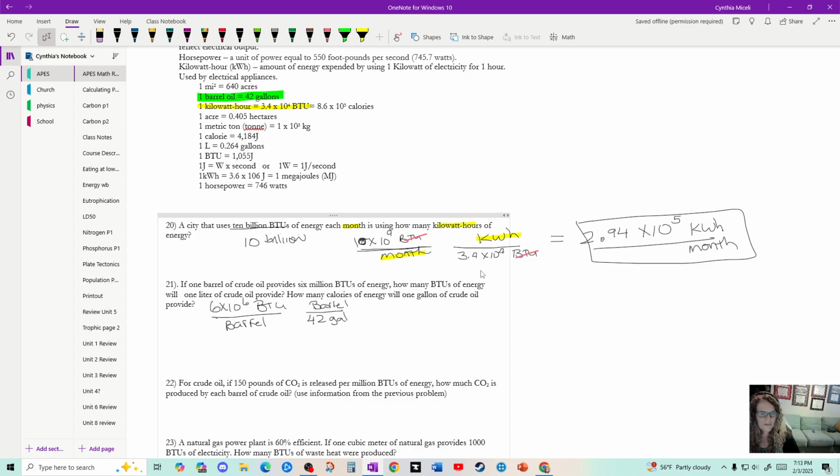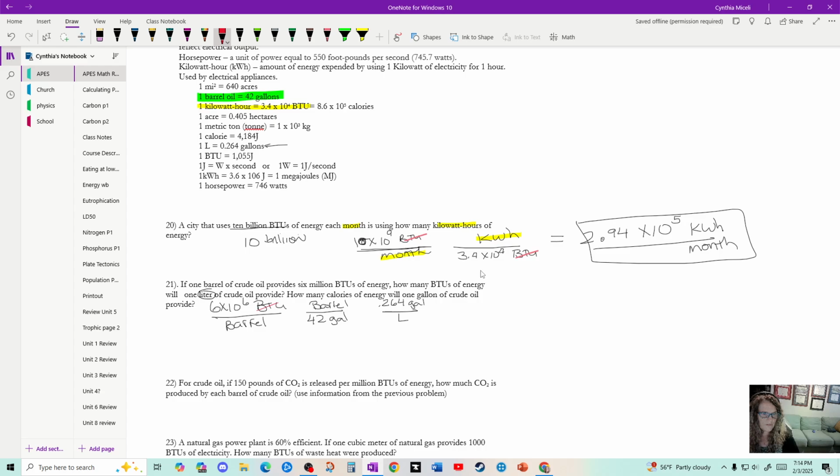But that's not what my answer is. I want to know how many liters. So now I need to know how I go from gallons to liters, which is right here. So now I know that there are 0.264 gallons per liter. So let's look if we set this up right.